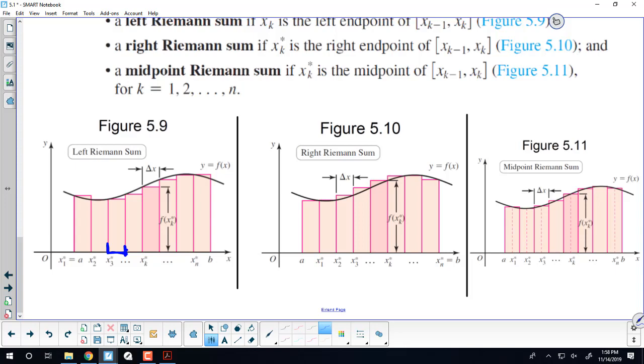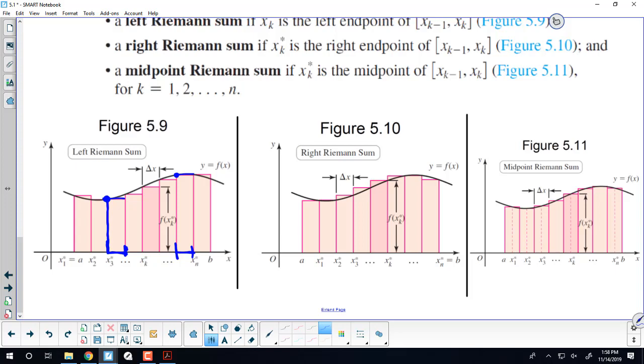So here's the left endpoint, and I go up to the function. That function value is going to determine that rectangle's height, for all of them.